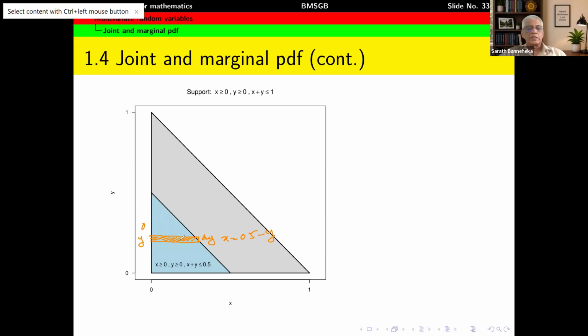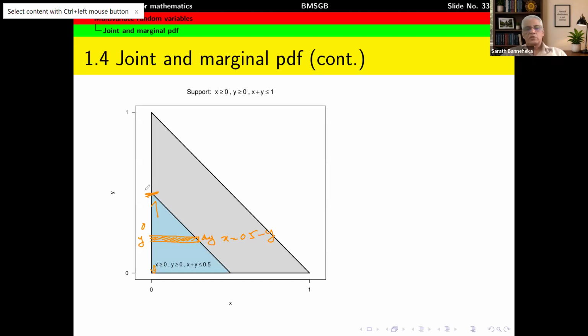So in that case, I will be integrating the joint density first with respect to x from 0 to 0.5 minus y. And then I will integrate with respect to y, from 0 to 0.5 here, right?